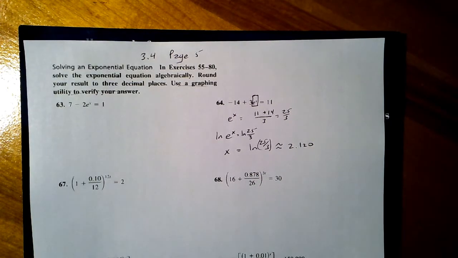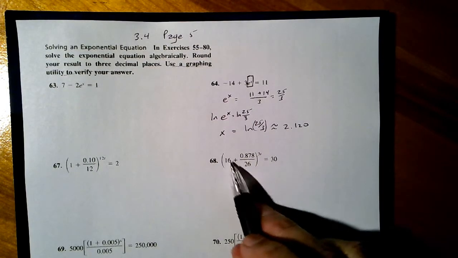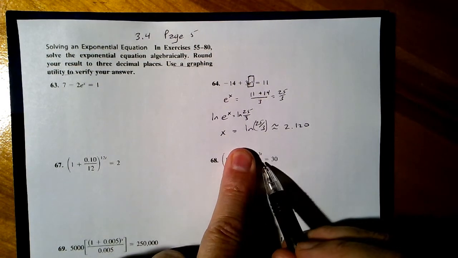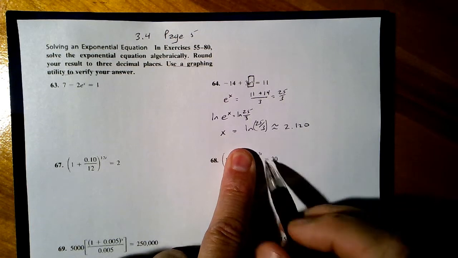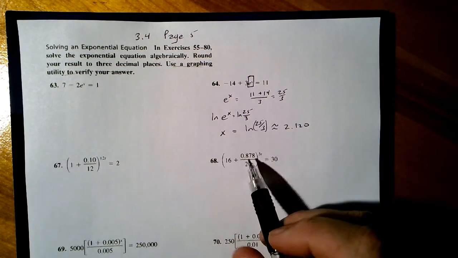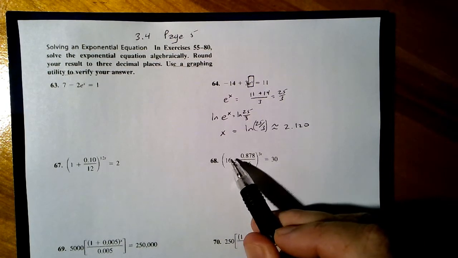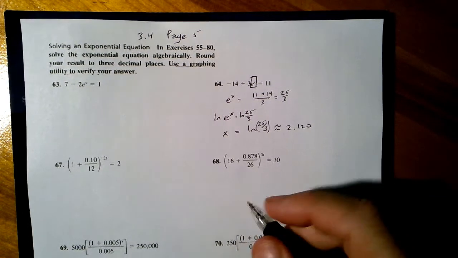Okay, now, as ugly as this side is, it's all to the 3t. So it doesn't matter what's behind here. This is a lot like e to the x equals. So I think your calculators could actually let you do log base of this giant mess. I'm not going to do that. I'm going to just take ln of both sides.